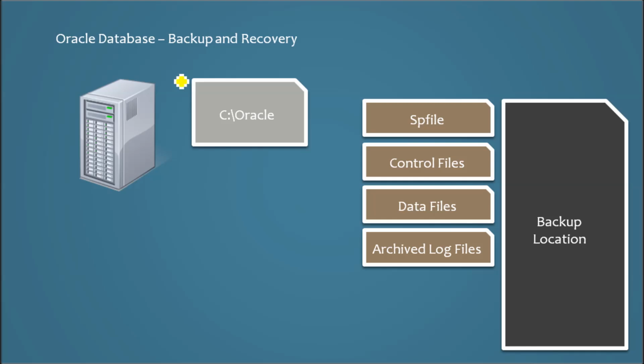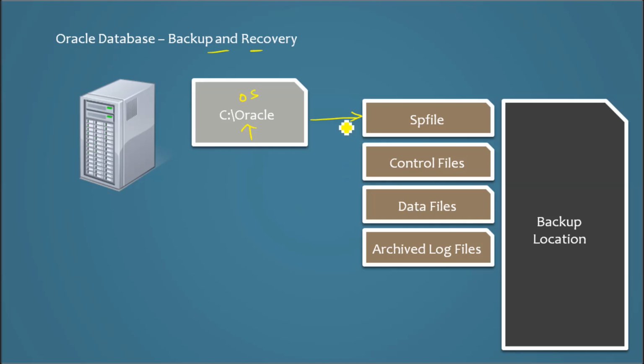So before proceeding with the concepts of backup and recovery, let's go over what happens when the Oracle database server runs. We have the Oracle binaries installed in an OS location, and it uses the SP file to start the database.